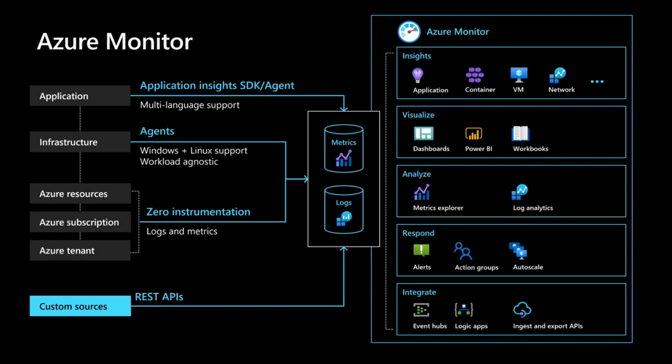We think about this at multiple levels. We think about how things are monitored from an application perspective. We think about how we monitor things through infrastructure using native monitoring agents with Windows or Linux support, sort of like workload agnostic monitoring. And then we think about some of the zero instrumentation scenarios, like how logs and metrics get pumped into Azure without you really doing anything.